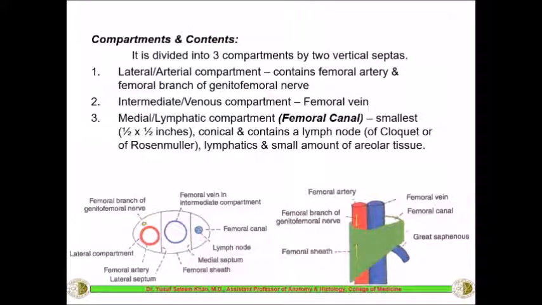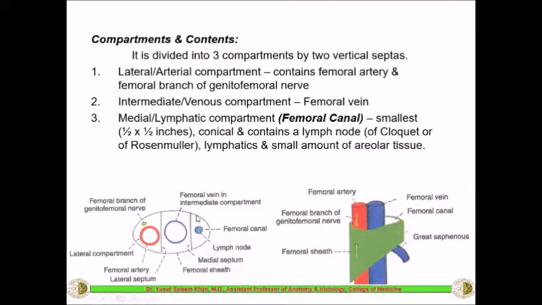And here, as I said, you can see small group of lymph nodes, half inch in size, also called as the lymph nodes of Rosenmuller, or lymph nodes of Cloquet, along with lymphatics and small amount of areolar tissue. That's what you can see here, small quantity of fat along with the small group of lymph nodes.